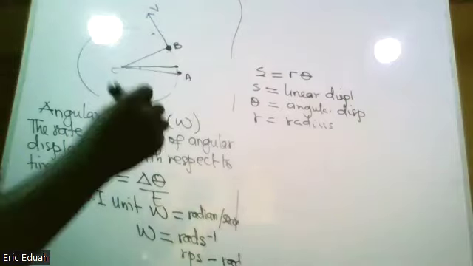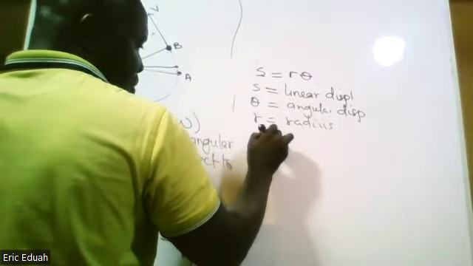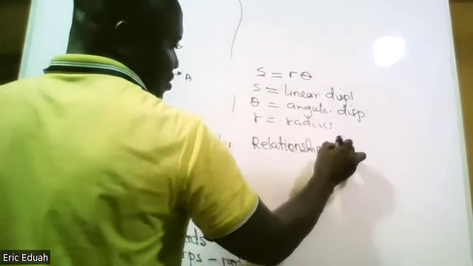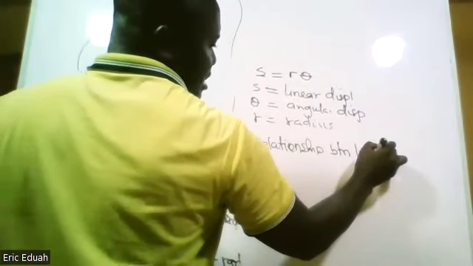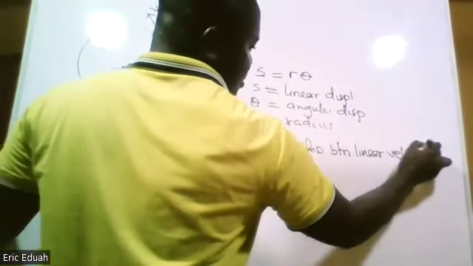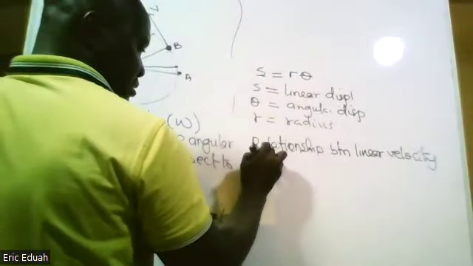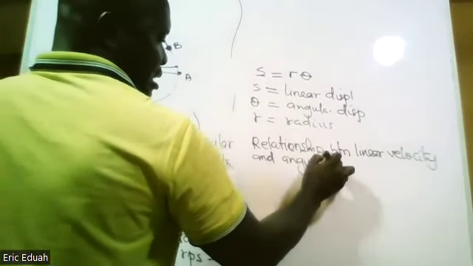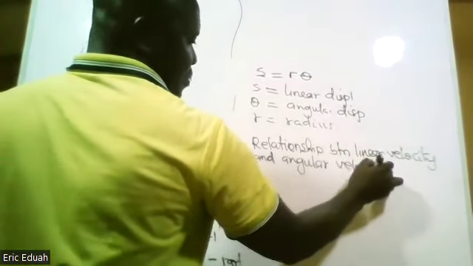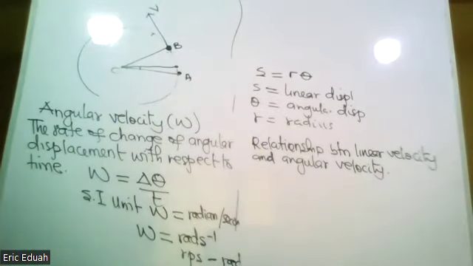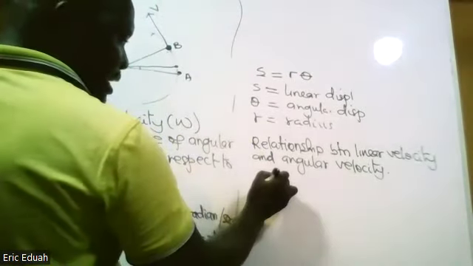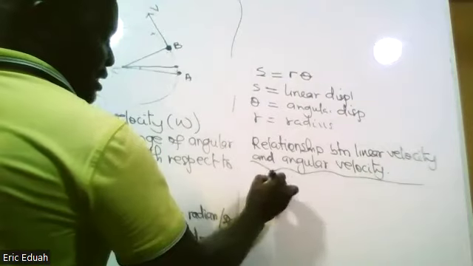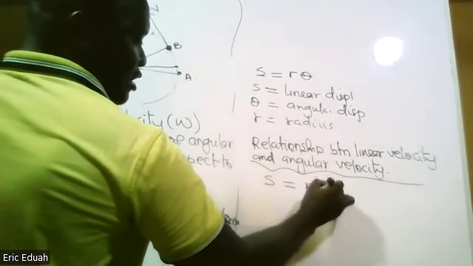So let's also look at the relationship between linear velocity and angular velocity. We can develop that relationship from S is equal to r theta.